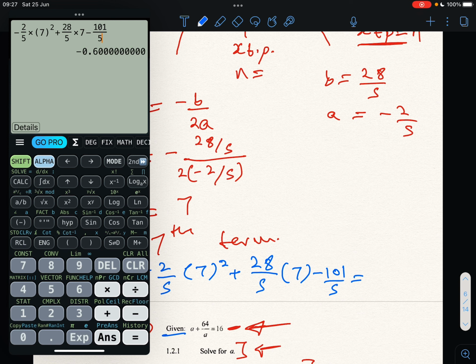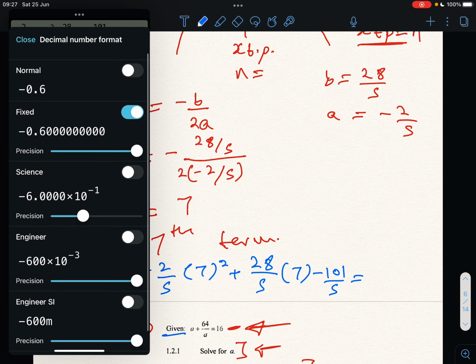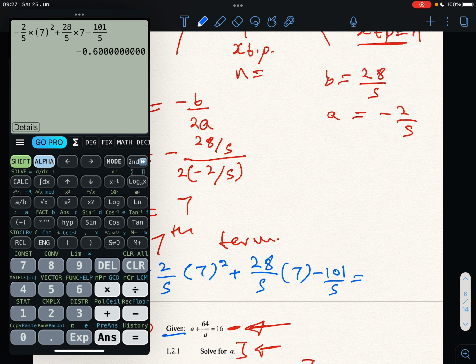Let's see in fraction form. I don't have it in fraction form, so that is -0.6. -0.6 in fraction form is -3 over 5. So that is the answer to this question.